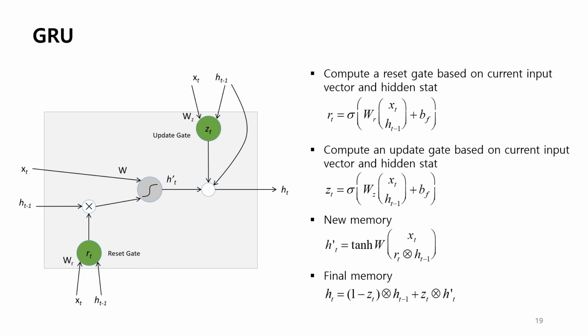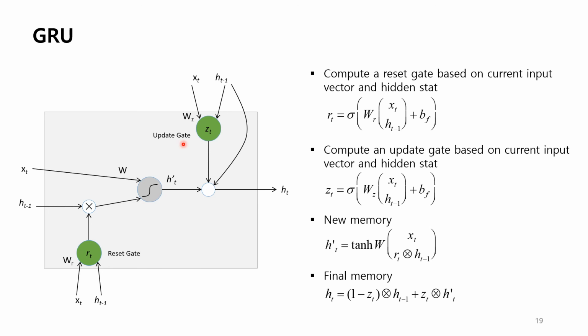This slide shows the implementation of GRU. As I said, a GRU has two gates, reset gate and update gate. In LSTM, it had three gates: forget gate, input gate, and output gate.